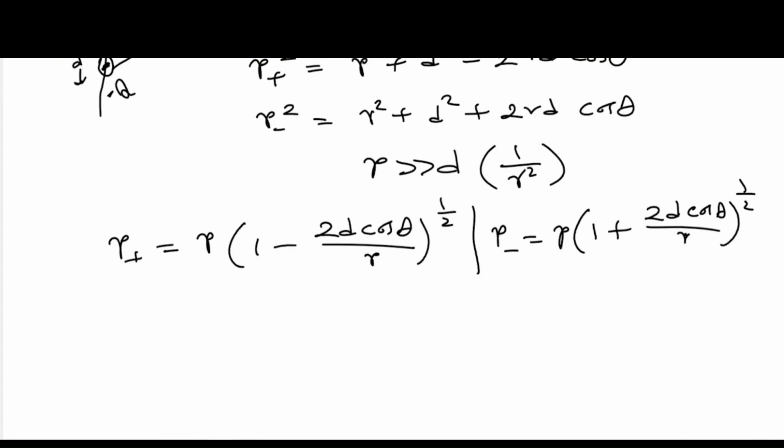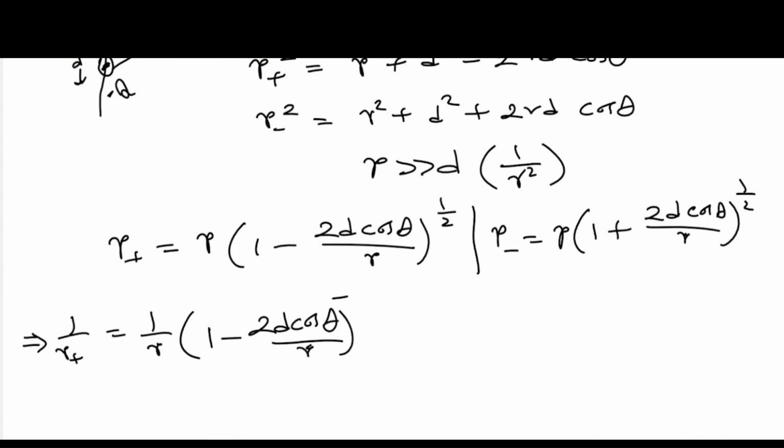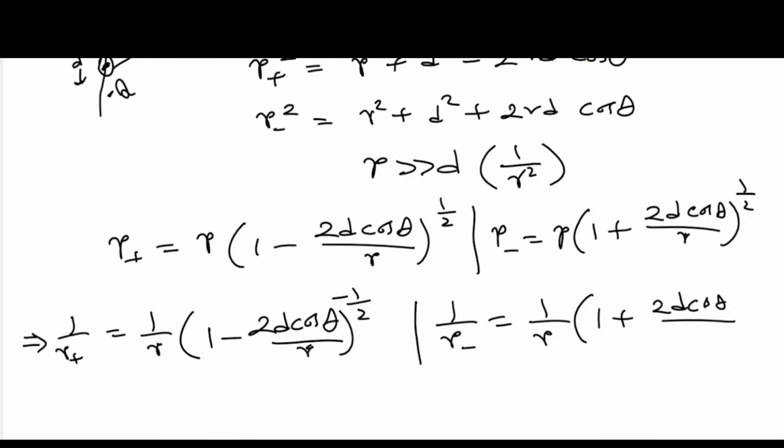With this, 1 upon r plus would be 1 upon r times 1 minus 2d cos theta upon r raised to minus half, and 1 upon r minus would be 1 upon r times 1 plus 2d cos theta upon r raised to minus half.